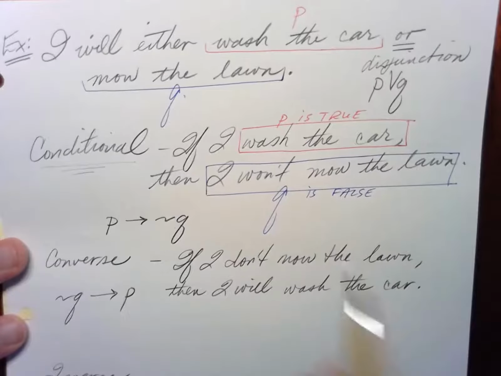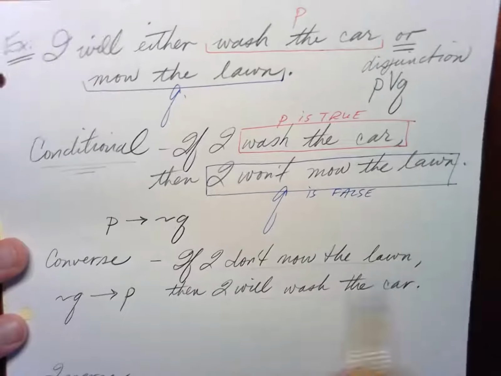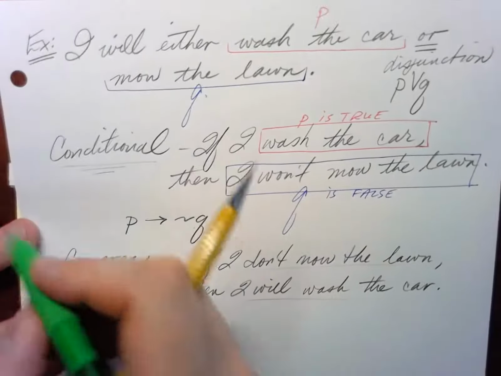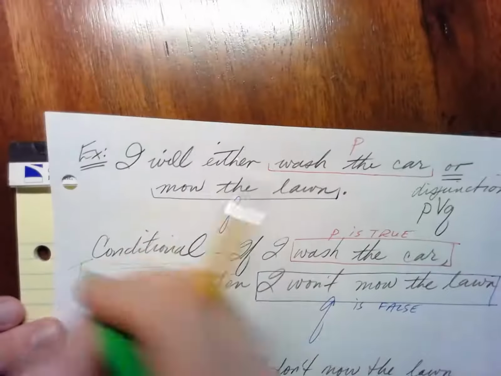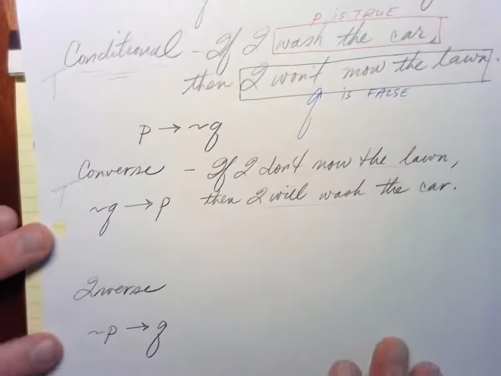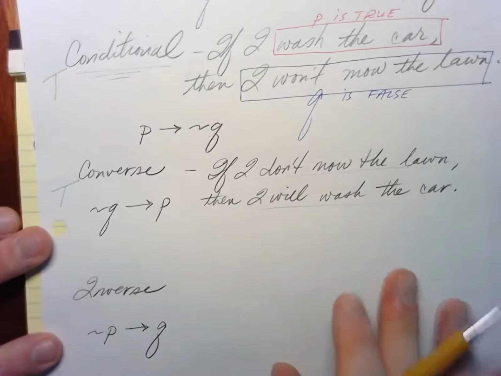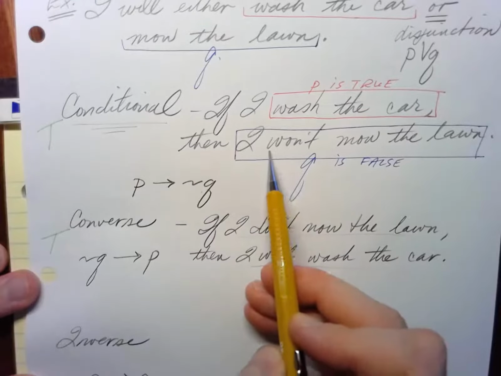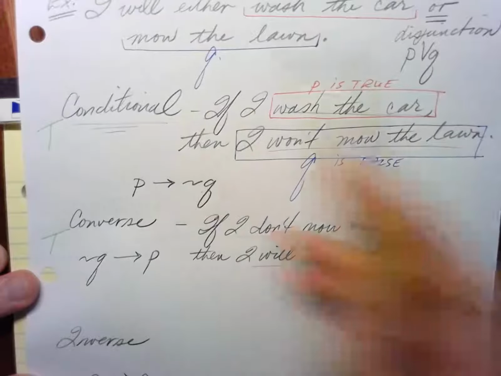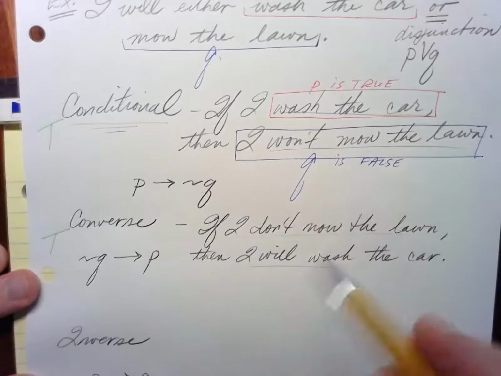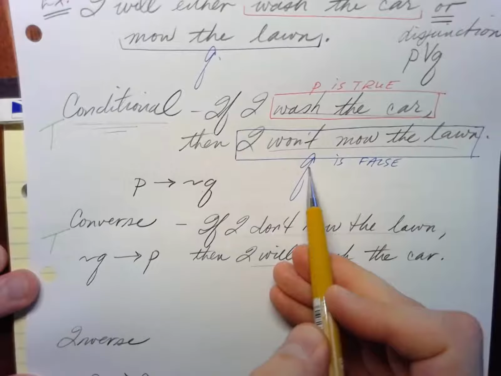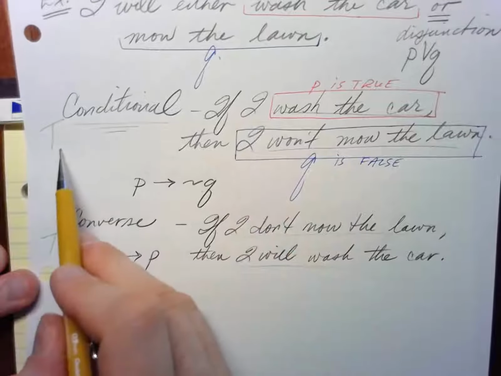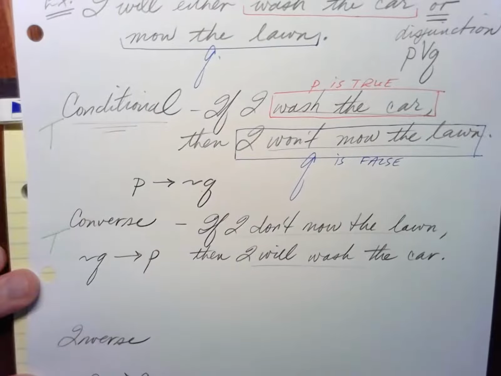That's true, because I'm going to do one or the other, so if I don't mow the lawn, then I will wash the car. So this is true, and the conditional was also true. Okay? And notice here, I want to make sure you're picking up the difference between the conclusion and the hypothesis and the whole statement. Okay? So in this case, Q is false, but the whole statement is true. Does that make sense? Okay.